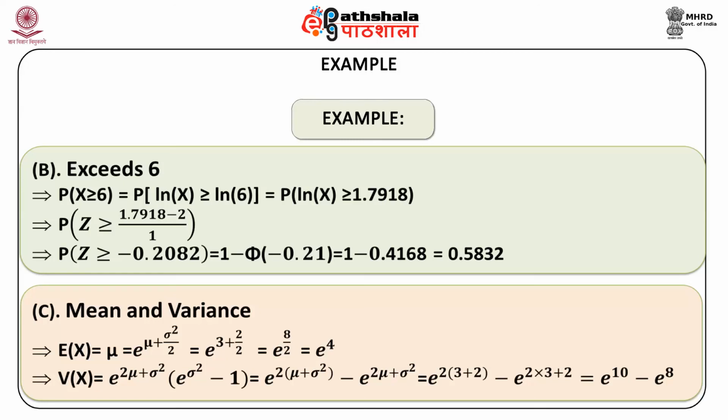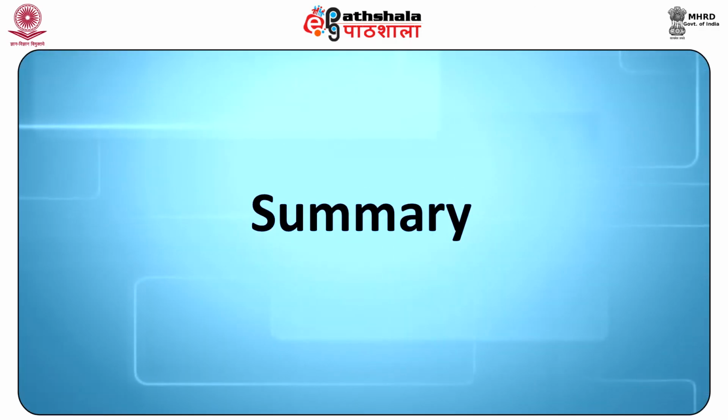And the variance of x is equal to e raised to the power of 2 mu plus sigma squared, into e raised to the power of sigma squared minus 1, which is equal to e raised to the power of 2 times (mu plus sigma squared) minus e raised to the power of 2 mu plus sigma squared, which is equal to e raised to the power of 2 times (3 plus 4) minus e raised to the power of 2 into 3 plus 2, which is equal to e raised to the power of 10 minus e raised to the power of 8. Let's summarize the discussion we have done so far.